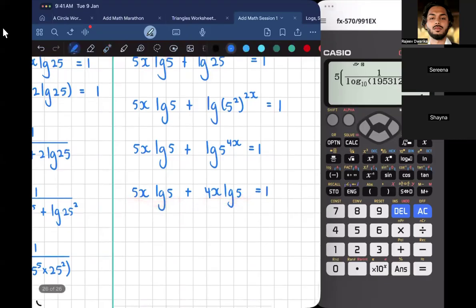Now, to make it less confusing, we're going to factor out the common terms. So Sheena, do we have x in both of these terms? Yes, sir. Do we have log 5 in both of those terms? Yes, sir. So let me just pull out x, right? Because we're trying to find x. If I pull out x, what am I going to write on the inside?